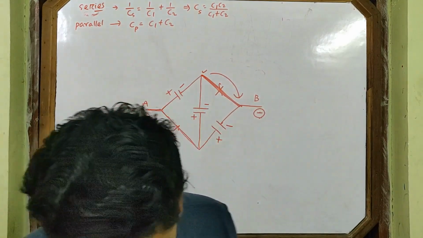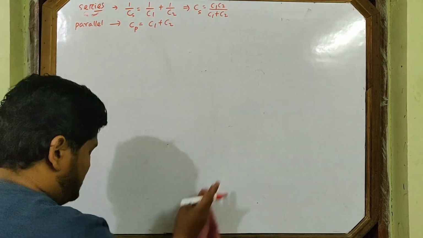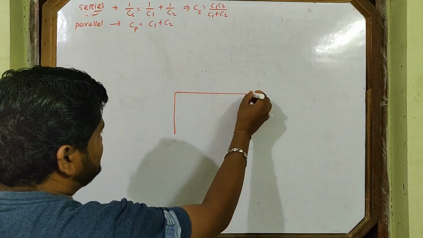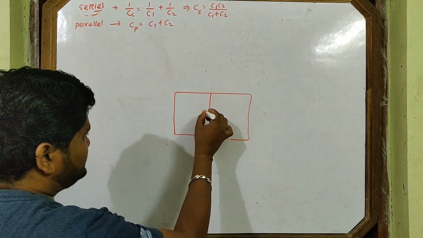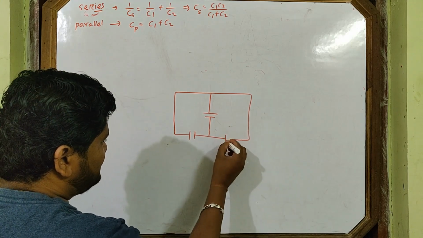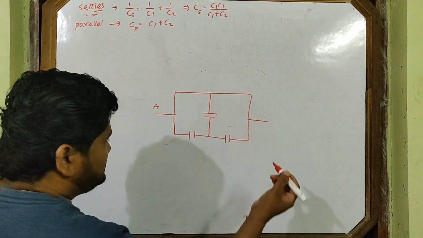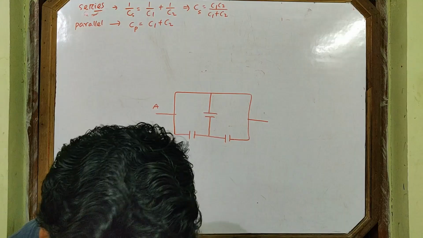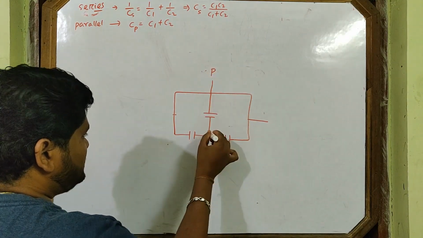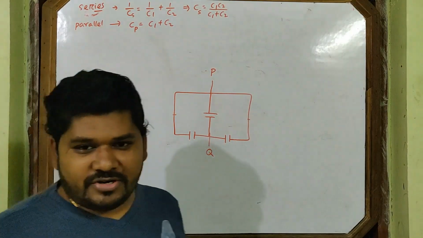Next connection. Let's see. Suppose the next connection is this one. Parallel, you will write the answer like this. So it is like this. Here one capacitor, here one capacitor, and here one capacitor. Here is plate A, and here is one plate. One end is here, one end is here. Then this is the switch connection.